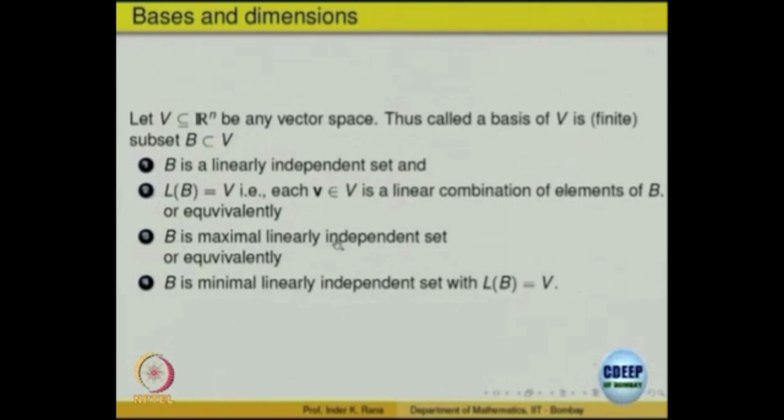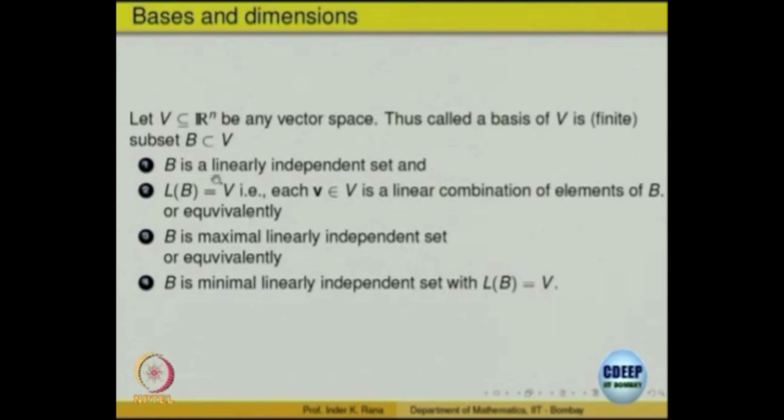B is a maximal linearly independent set or a minimal, this should be a minimal set, not linearly independent again. I think all this is wrongly typed. Is it clear? Anyway, the wrong thing also helps you to understand what the right thing should be.